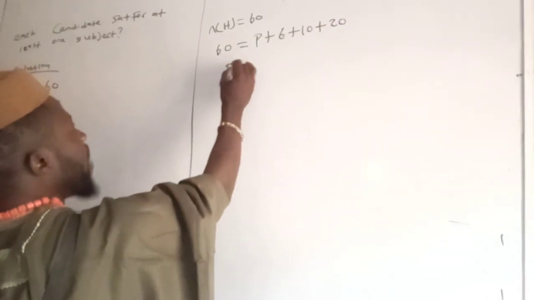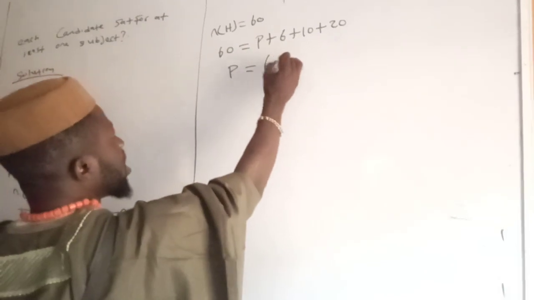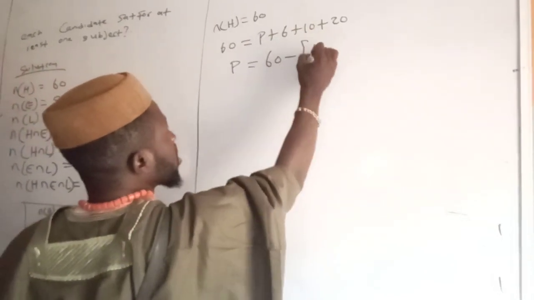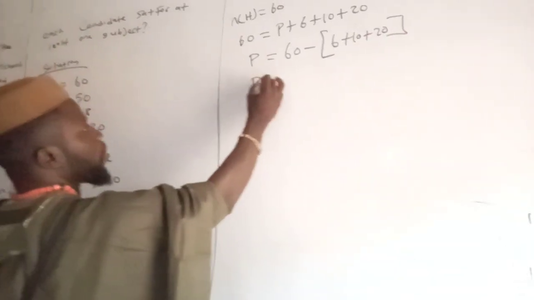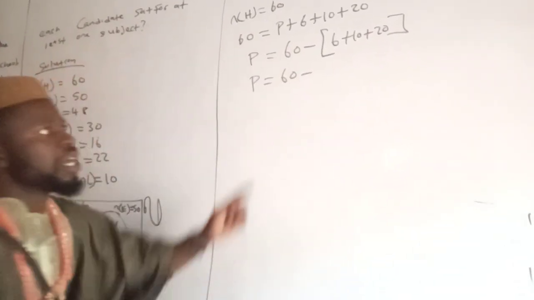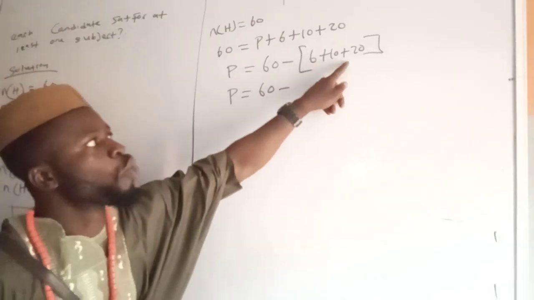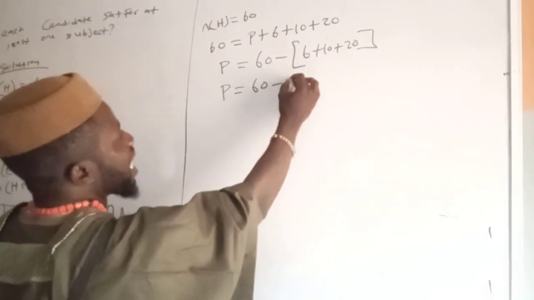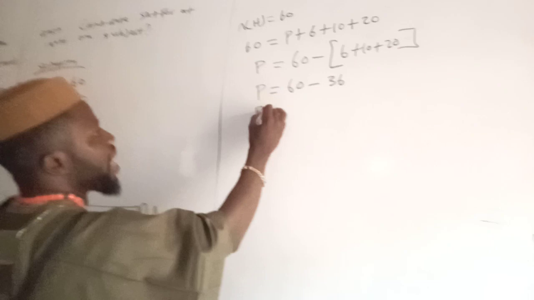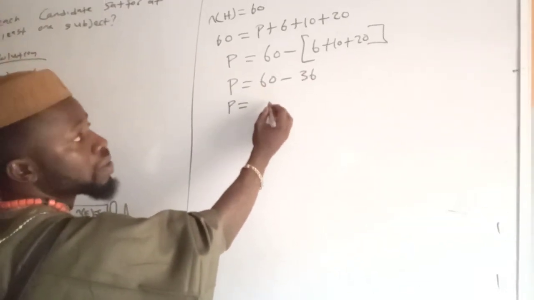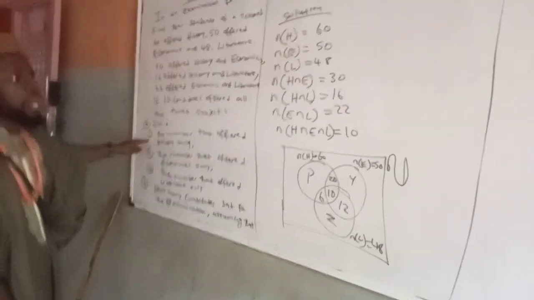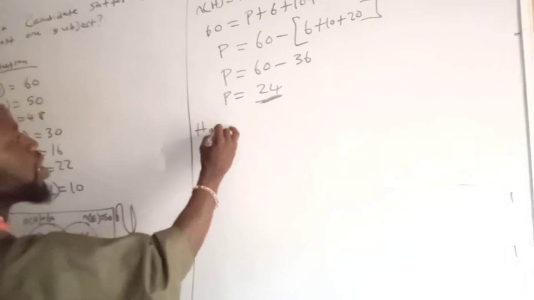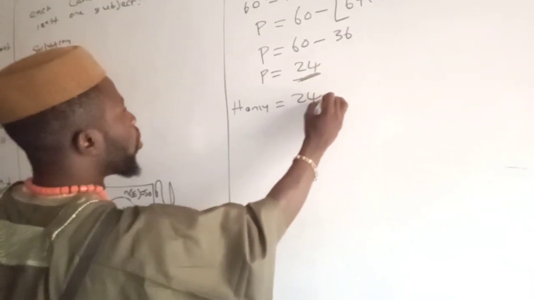So making P the subject of the formula, P will be 60 minus the sum of 6 plus 10 plus 20. And the sum of 6 plus 10 plus 20 is 36. And 60 minus 36 will give us 24. So that's the answer. That means for number 1, those that did history only equals 24.